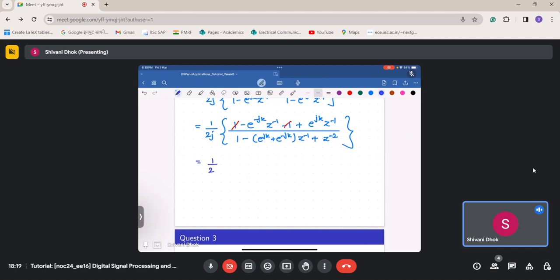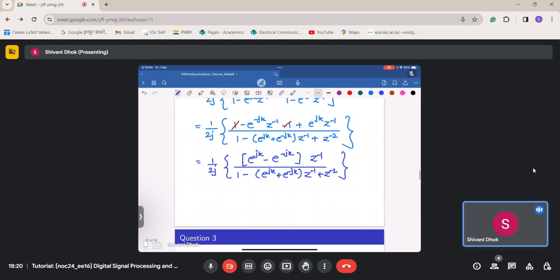1 upon 2j, inside the bracket e power jk minus e power minus jk z inverse, divided by 1 minus e power jk plus e power minus jk z inverse plus z to the power minus 2.